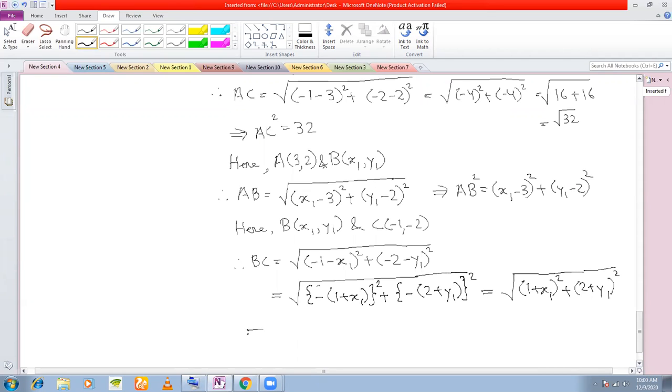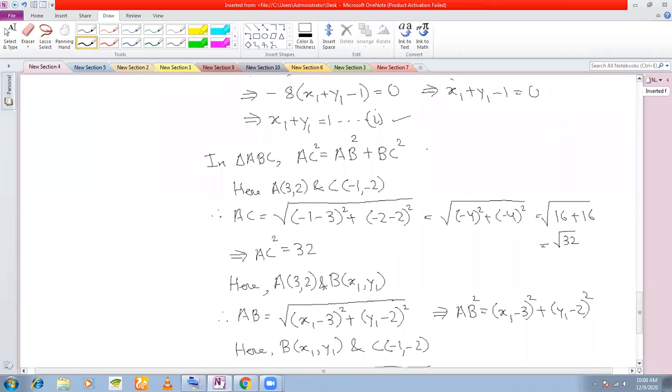Okay, that means what is BC square? Square both sides, the radical will get removed. 2 plus y1 square. So that's it. We have found all AC square, AB square and BC square. So now we'll just put it here.